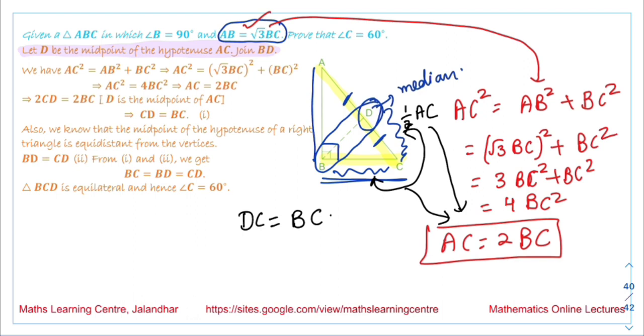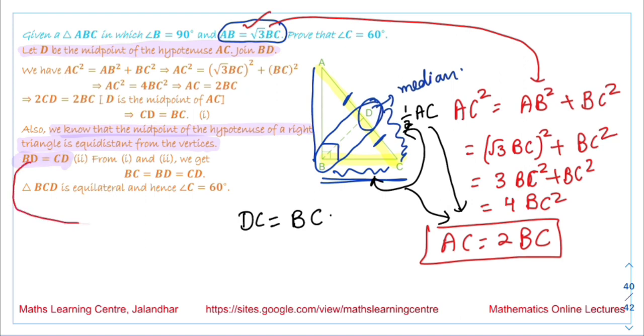Now we know the result mentioned over here, that the midpoint of the hypotenuse of a right triangle is equidistant from its vertices. So what we get is that BD is equal to CD.